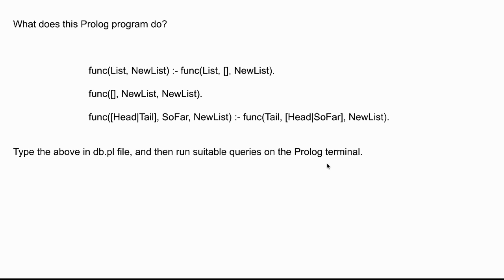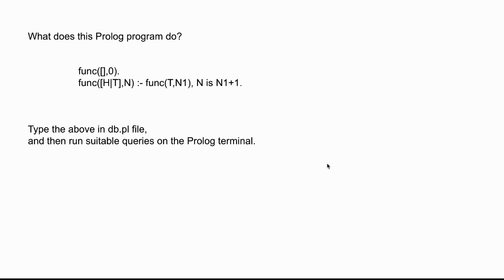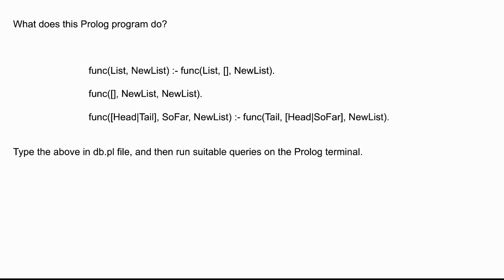Okay, so this is slightly more complicated than this one. This is fairly straightforward, but here you will have to spend some time in thinking. Again, I'm advising you to do that so that you properly understand what exactly is going on. So again, take a pause, write this in your db.pl file, run some queries and see what you get.